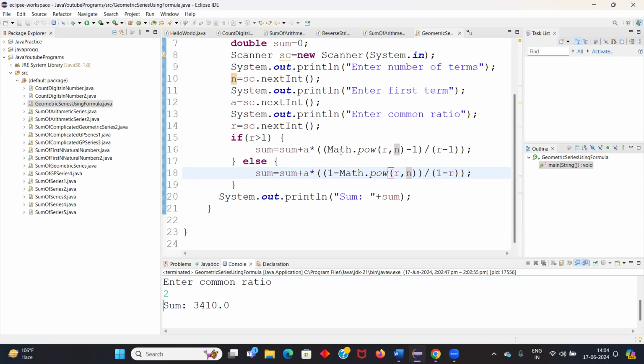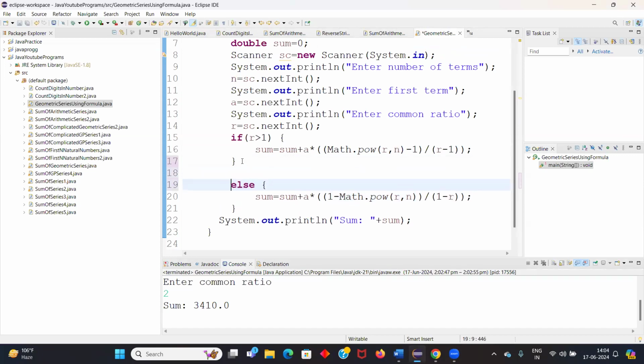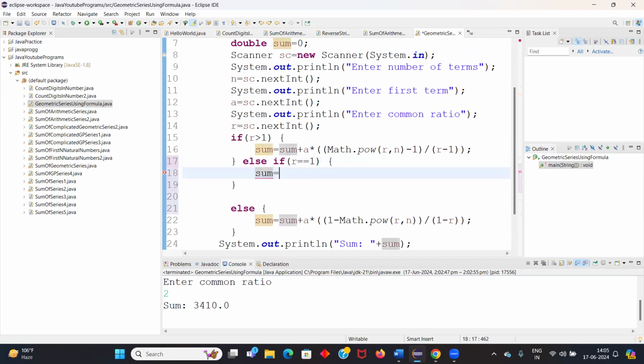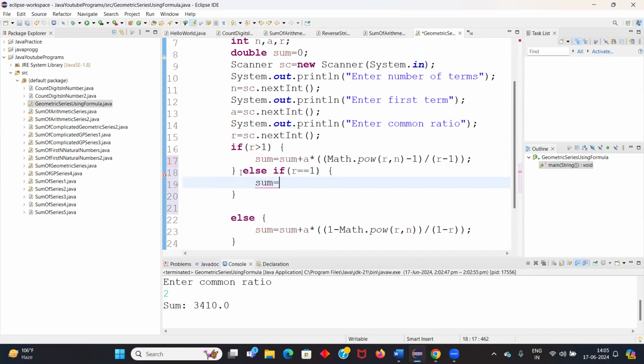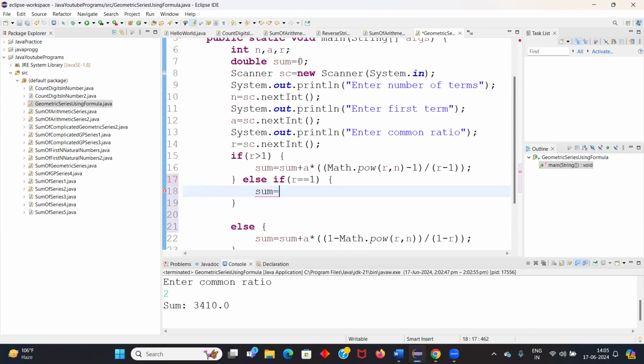If r is greater than 1, then this is our formula. Let's move the else part back. Else, if r is equal to 1, then our sum will be, actually you can also remove sum equal to 0 if you want, or you can keep it.